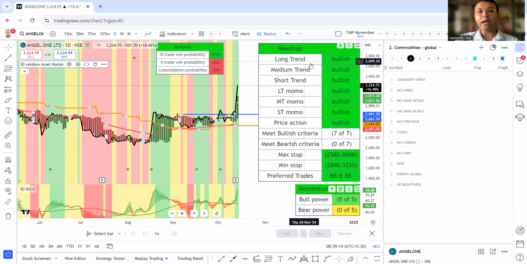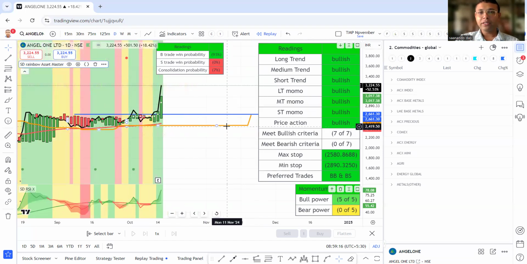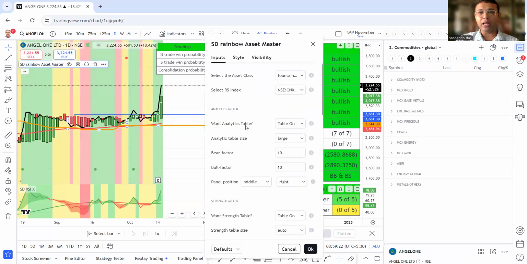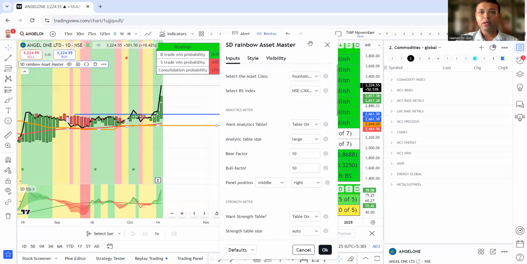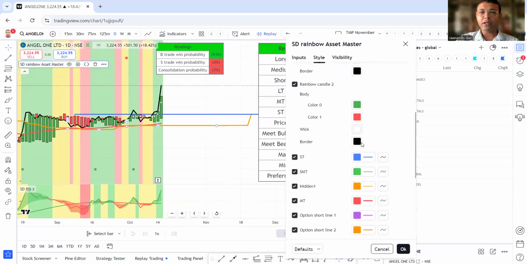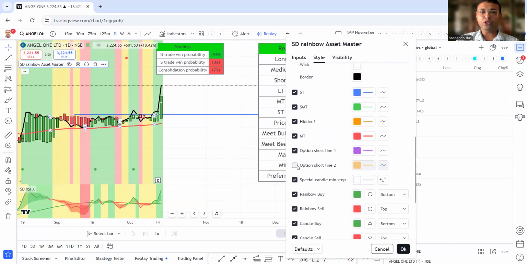Now in my setup, this yellow or orange line is the long-term trend line. This line particularly, let me change the color of it. Option short line 2. This line is the long-term trend line.